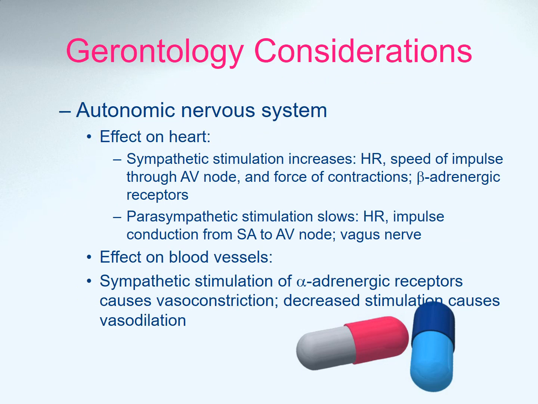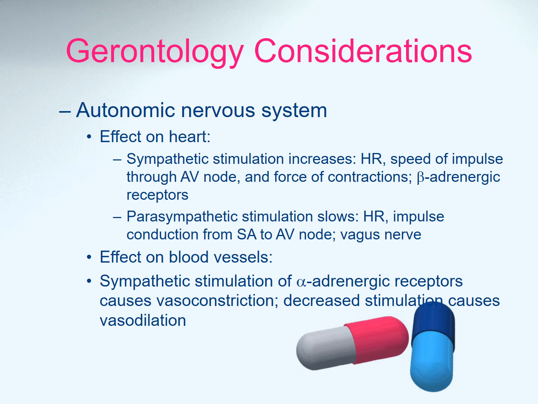We also want to consider some gerontology facts. With the autonomic nervous system, the effect on the heart is that sympathetic stimulation increases heart rate, speed of impulse through the AV node, and the force of contractions, as well as beta adrenergic receptors.